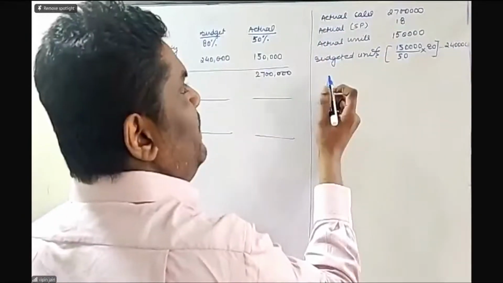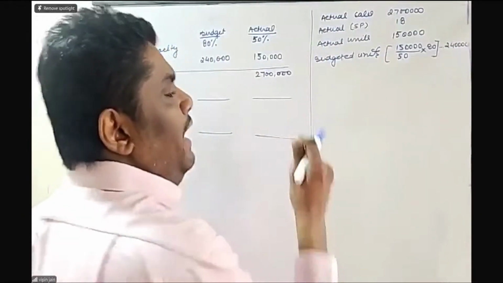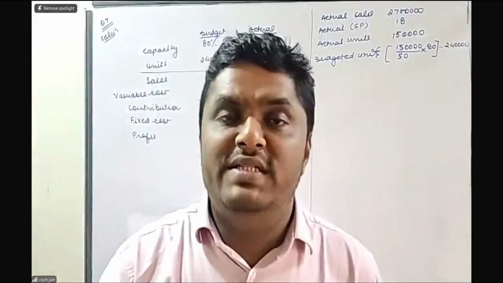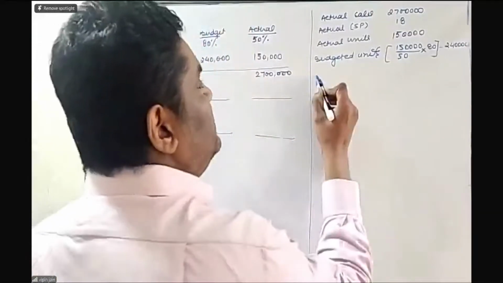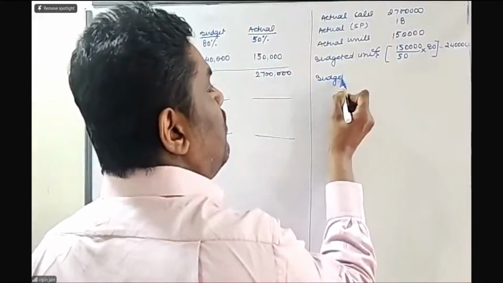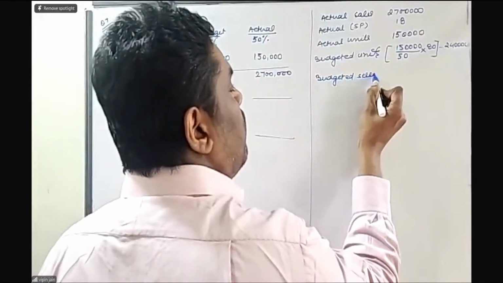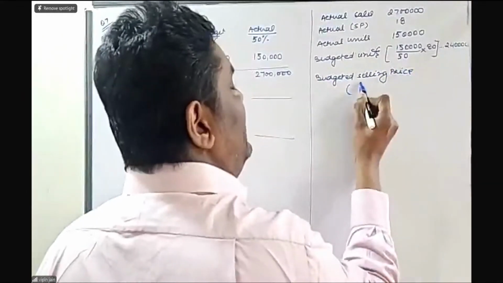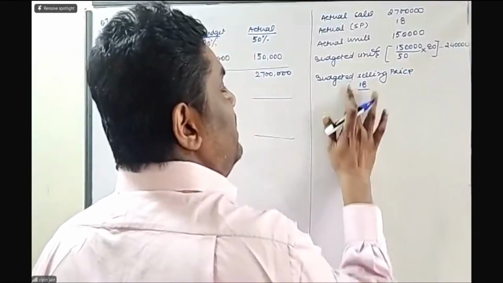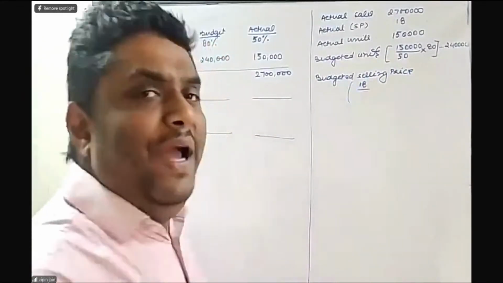Now actual selling price is 18 and it is reduced by 10%. So this 18 is my reduced price. So what will be my budgeted selling price? See, 18 is the reduced price. It means the price is reduced by 10%.